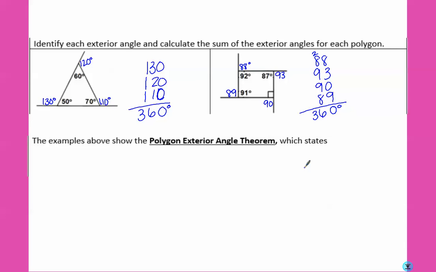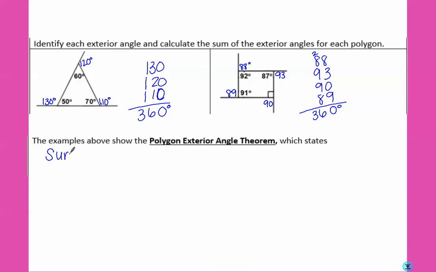The examples above show the polygon exterior angles theorem. If 3 exterior angles added up to 360 and 4 exterior angles added up to 360, no matter what the polygon is, the exterior angles are going to add up to 360 degrees.